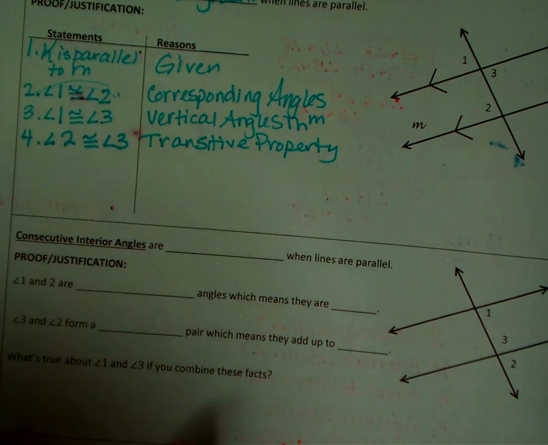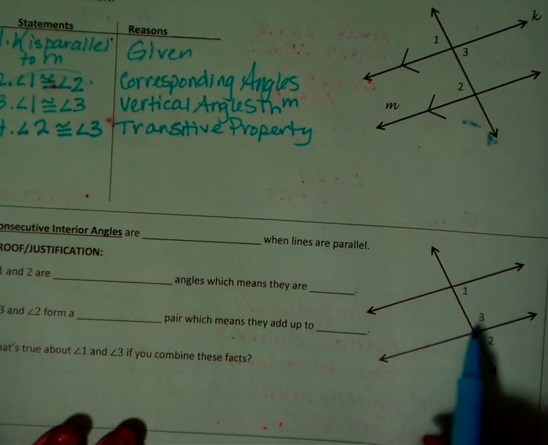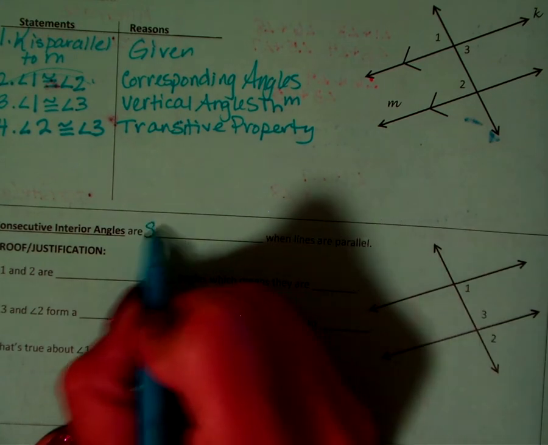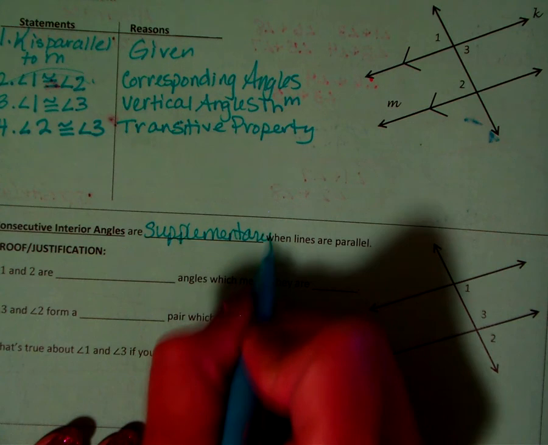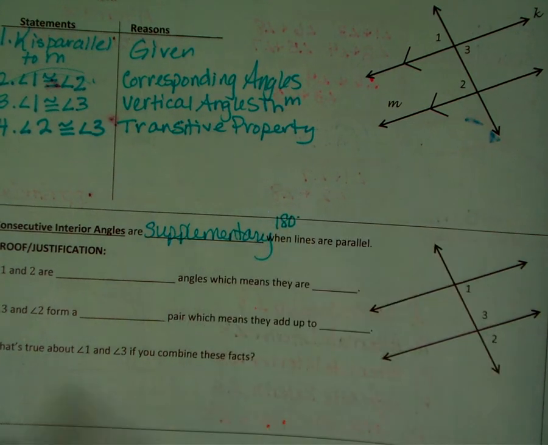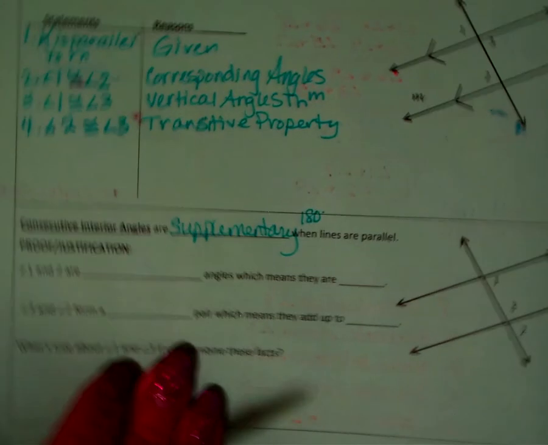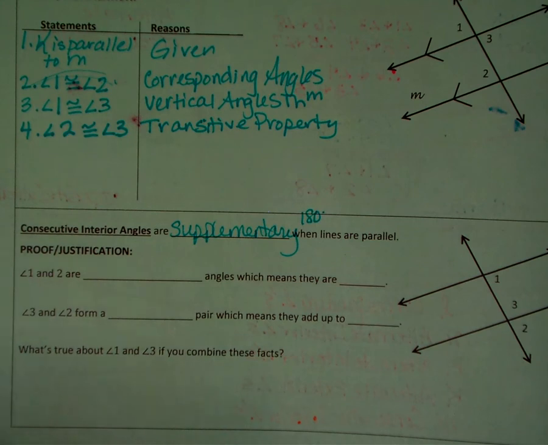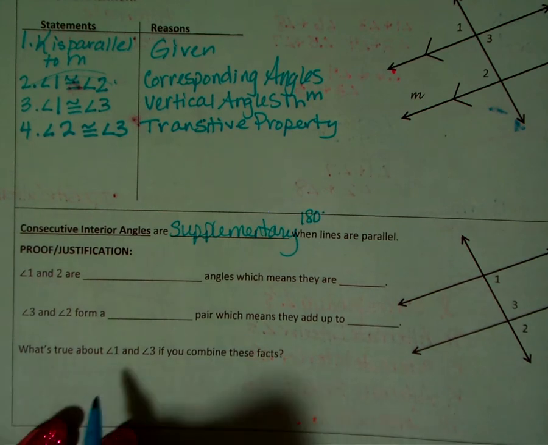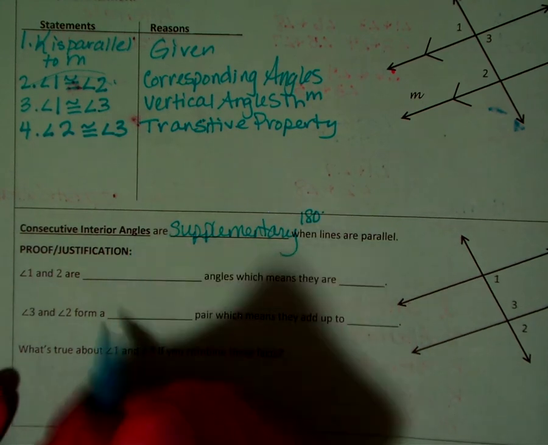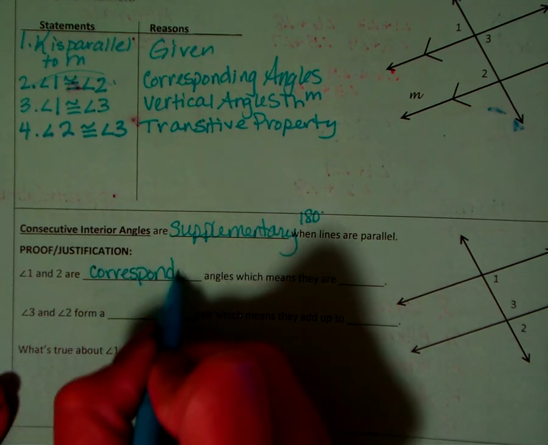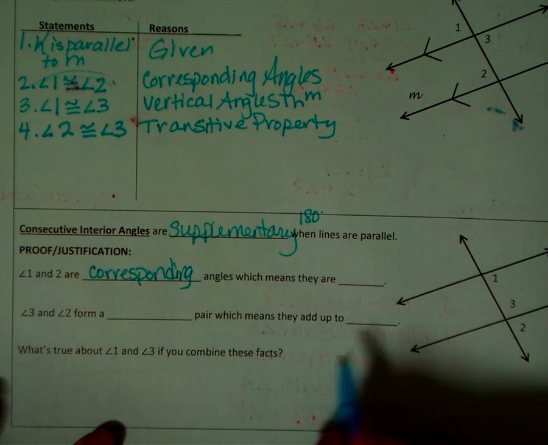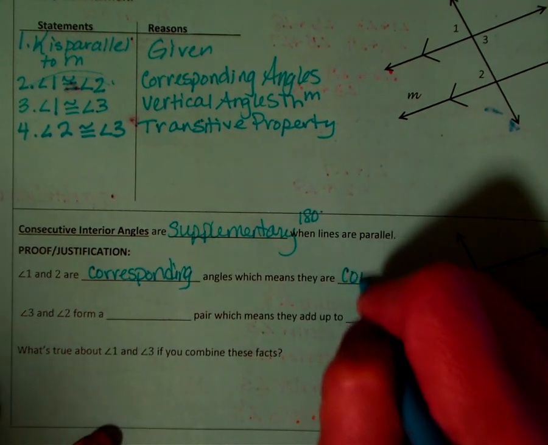Okay. Consecutive interior angles are supplementary. Remember, supplementary means 180 degrees, okay, when lines are parallel. Okay, so we can say angle 1 and angle 2 are corresponding angles, which means they are congruent.